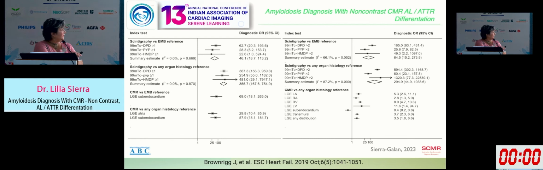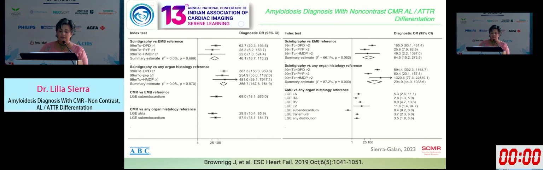And with that, see that findings of CMR, mainly the LGE and ATTR LGE or the subendocardial LGE, are not as good as SPECT.